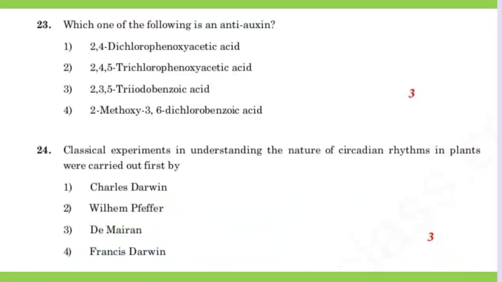which one of the following is an antiauxin? The antiauxin is a compound, or it is a chemical, or it is a hormone that acts against auxin or inhibits a physiological function of auxin. Auxins are like indole acetic acid, indole butyric acid, and 2,4-D. These are the auxins.